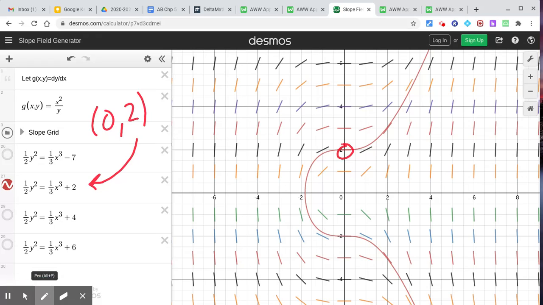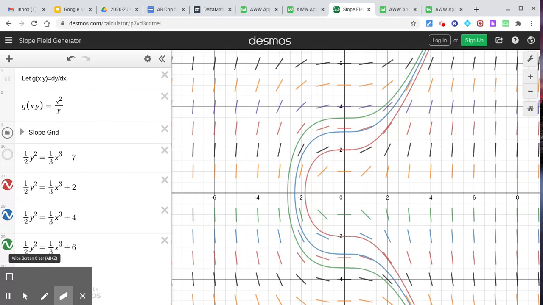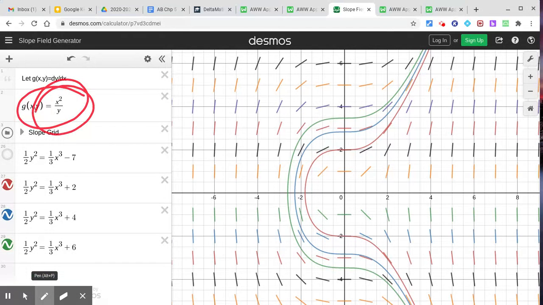I continue just by changing that c value to get something at +4 and then +6. You can see how these curves continue to change but still stay along the slope field. What these all do is give you an idea of what the original functions look like, given this derivative, given that differential equation, given that dy/dx.